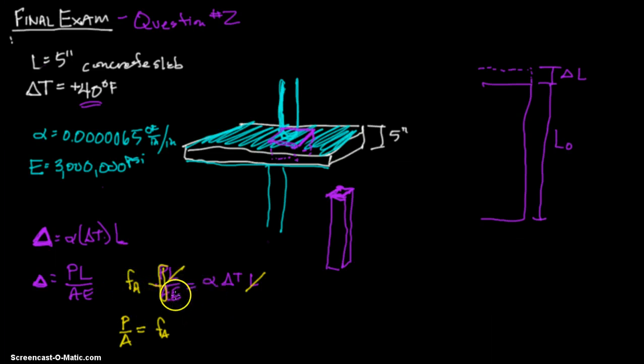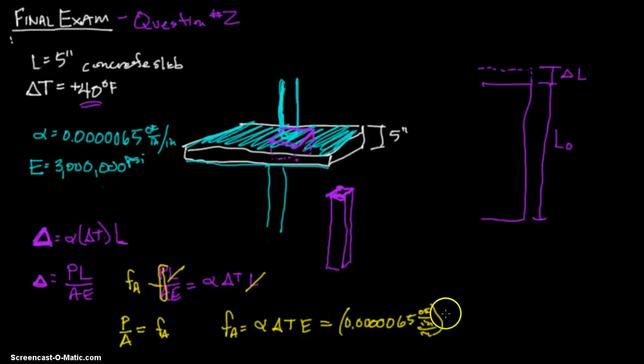We can substitute P over A with the axial stress, F or however you want to denote it, and move E over, so the stress equals the coefficient of expansion times delta T times E. Let's solve. The coefficient is 0.000006 5 per degree Fahrenheit. I believe that is what it is, and I'm too lazy to look it up, so I apologize.